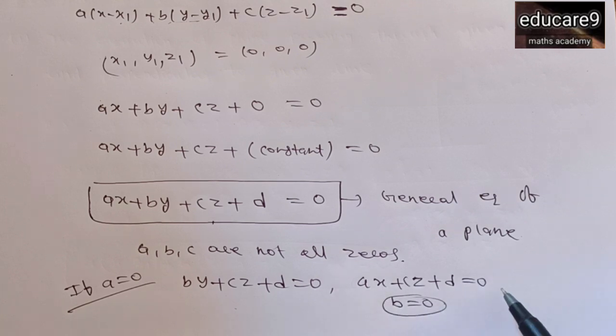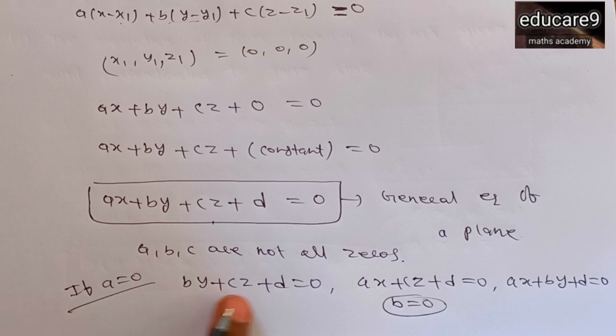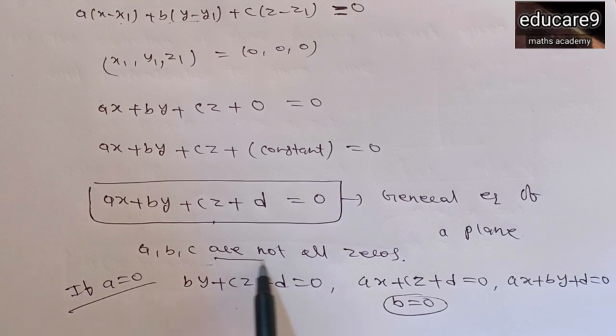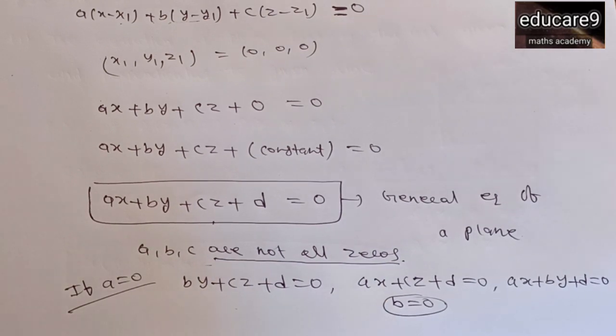If c equals 0, it becomes ax plus by plus d equals 0. These are also equations of planes. But the condition is that a, b, c are not all zeros, meaning all three are not 0. Either a is 0 or b is 0 or c is 0, but not all. That is the condition for the general equation of a plane.